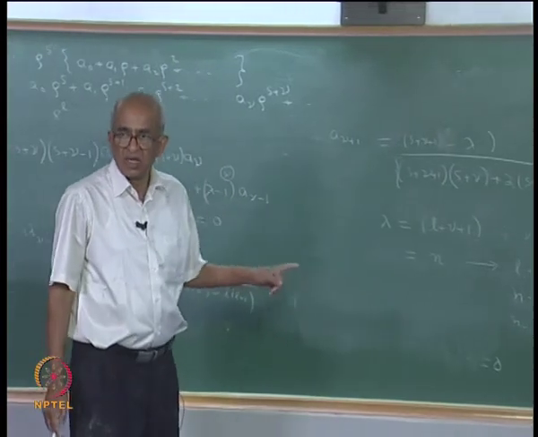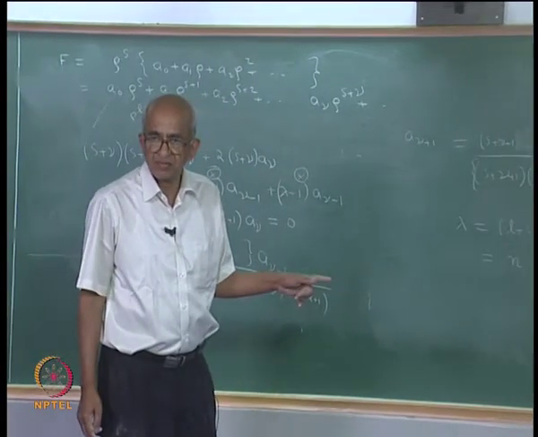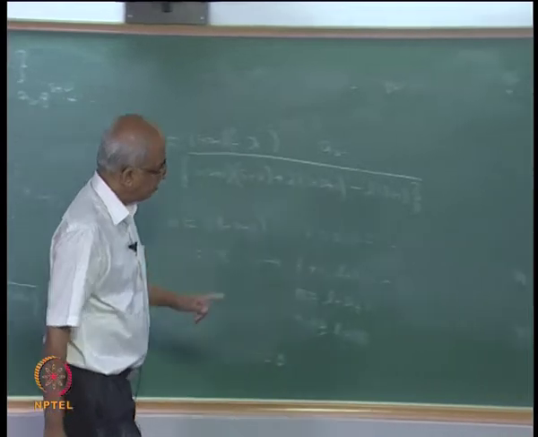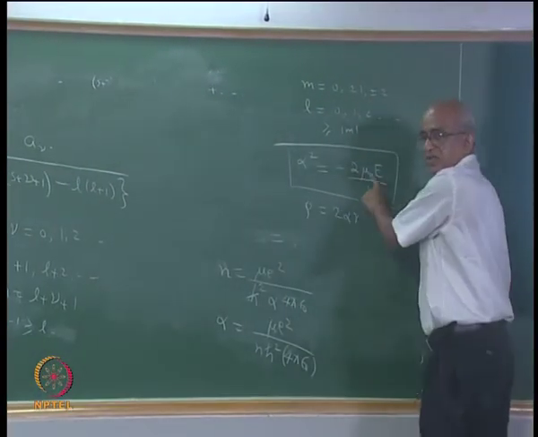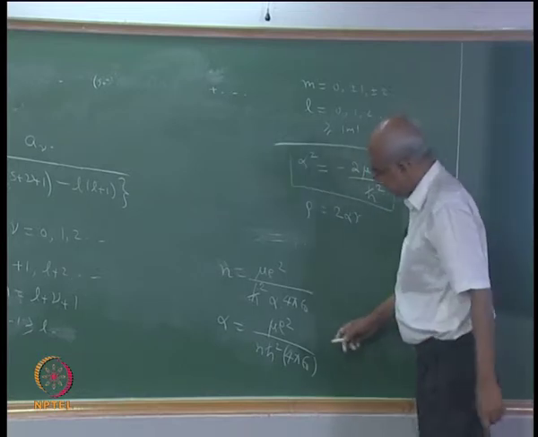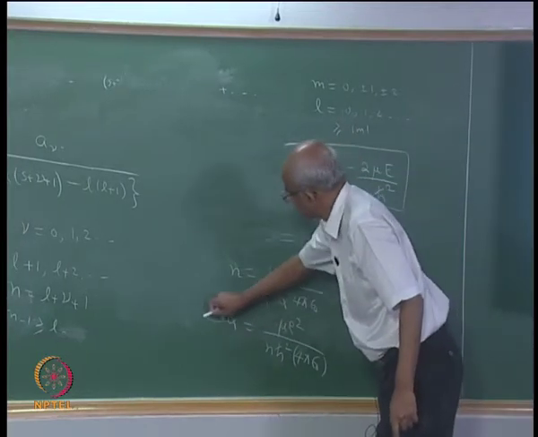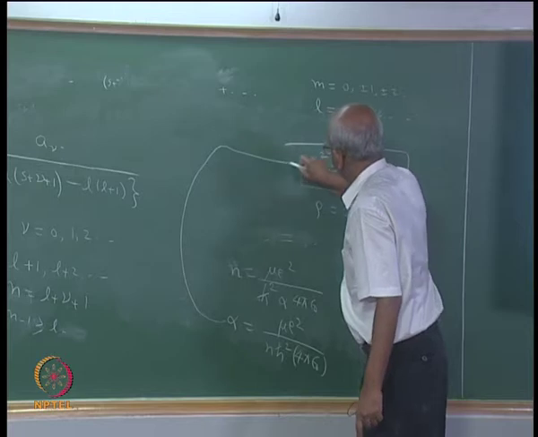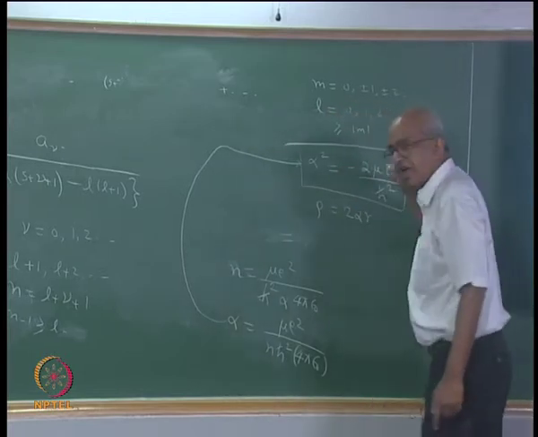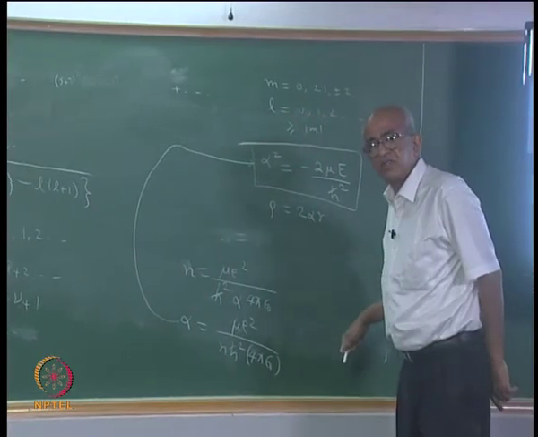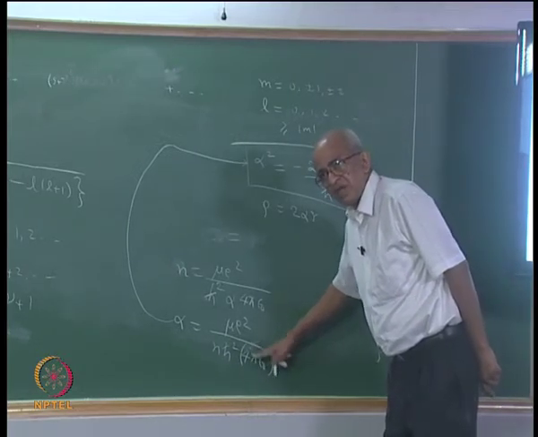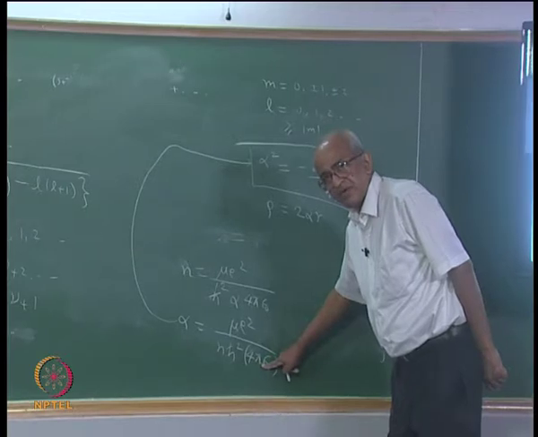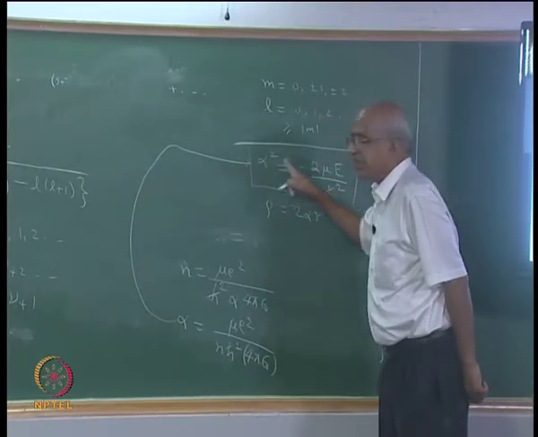Alpha must be equal to that, and now alpha is related to the energy. What is the relationship? Alpha square must be equal to that. So, I will take this expression for alpha and put it there and say that I do not have a solution for arbitrary values of alpha, but only for these values of alpha. But alpha is related to the energy.